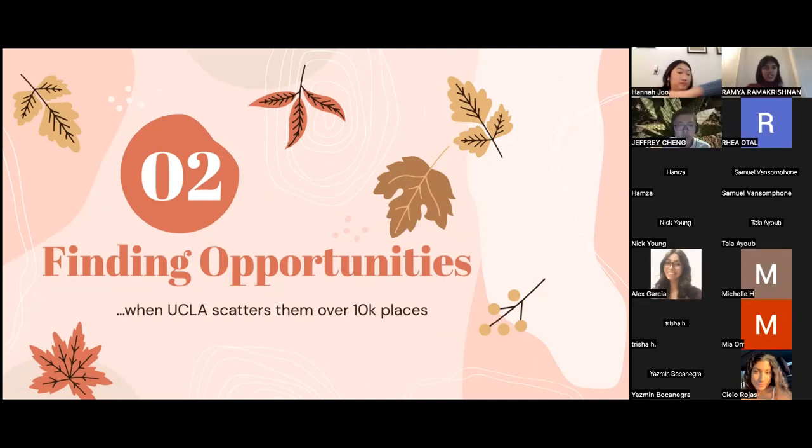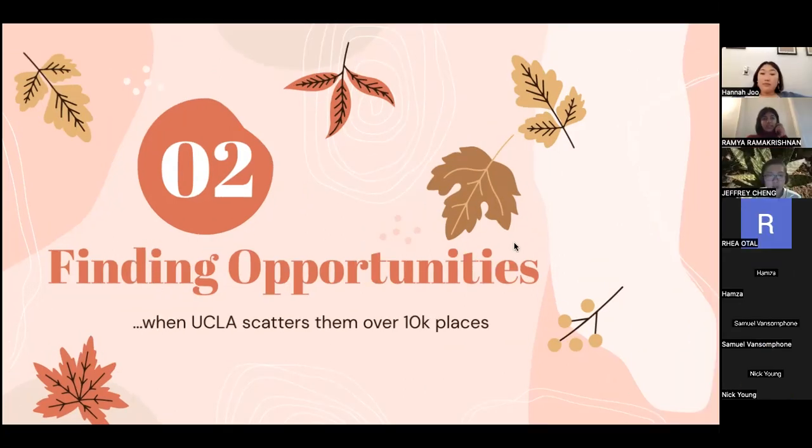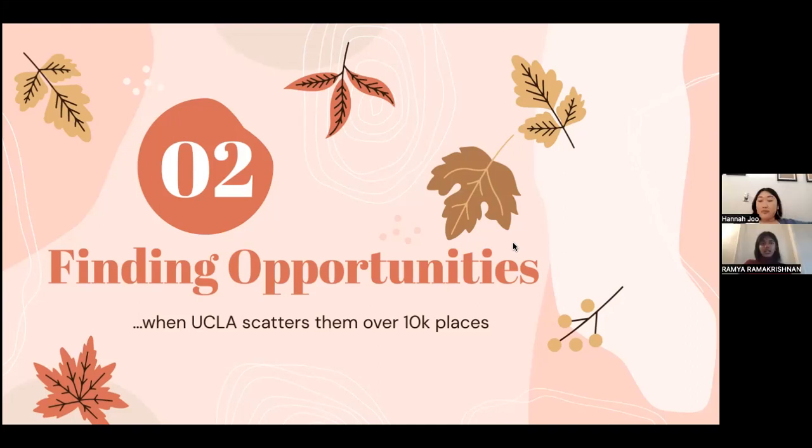So this will be most relevant to people once you actually do secure that research position. And of course, this video is going to be recorded. Also, there are some opportunities here where you don't necessarily need to be in a research lab right now to take advantage of them. I feel like this part of the slideshow is really important because it can be really daunting to look for research opportunities.